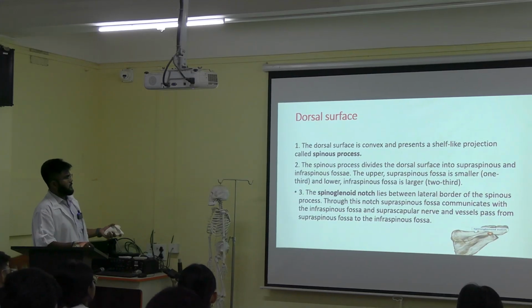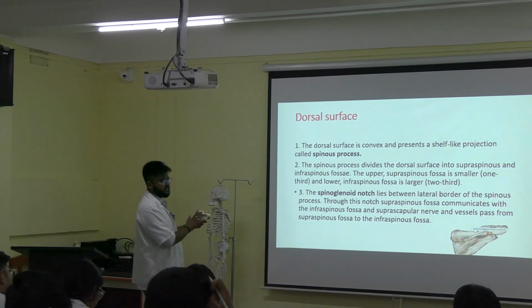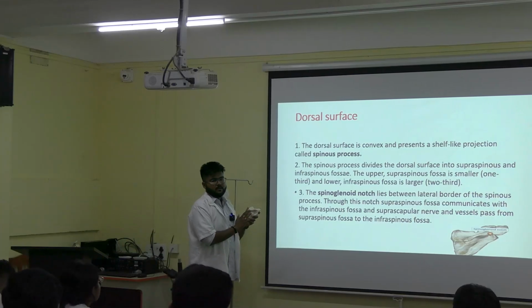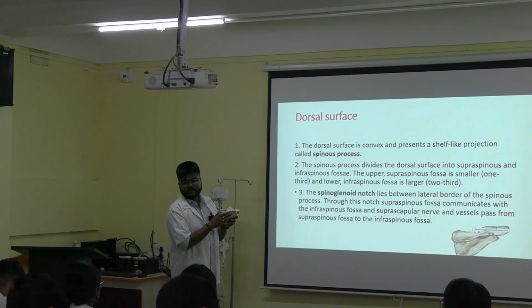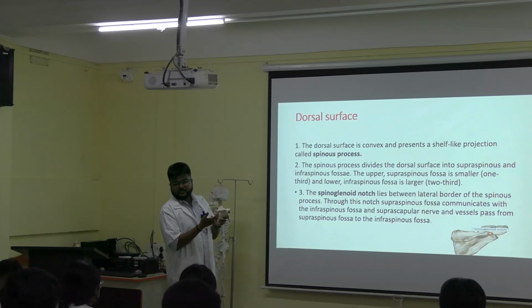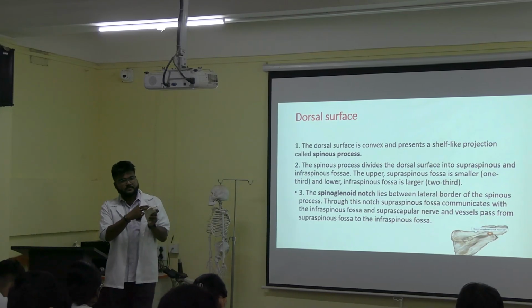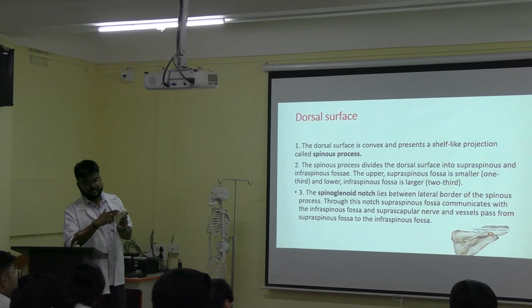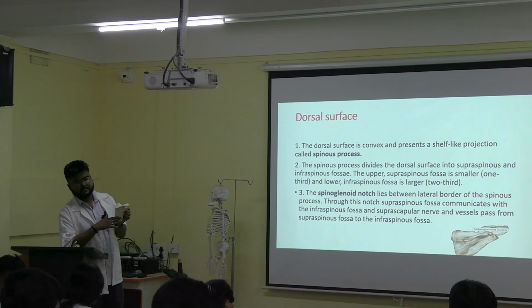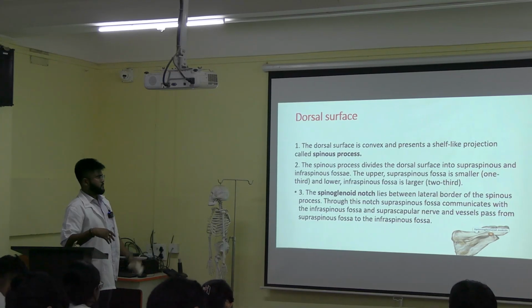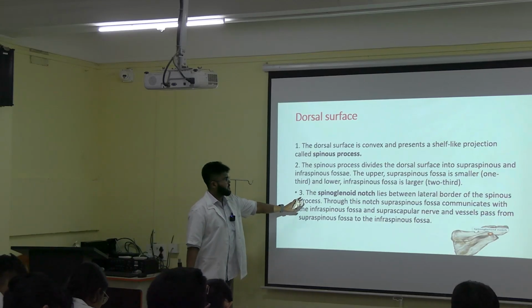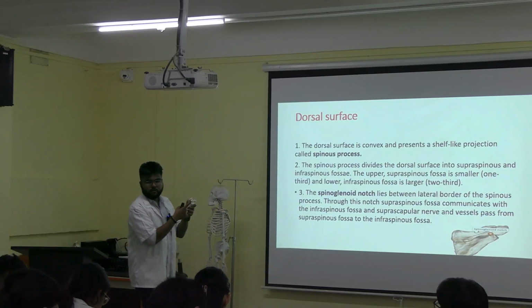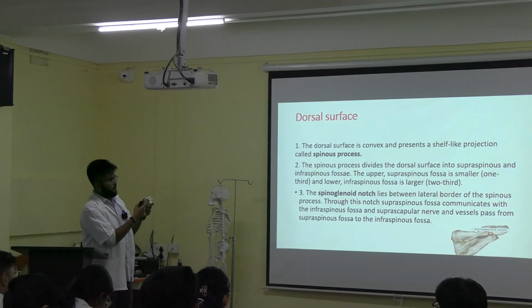You all know. Easily you have to write, in the dorsal surface, by the spine of the scapula, the supraspinatus and infraspinatus fossae are present. Here the supraspinatus muscle is attached, and here the infraspinatus muscle is attached. And this point is mainly regarding the spinoglenoid notch. Here one notch is present, the spinoglenoid notch.